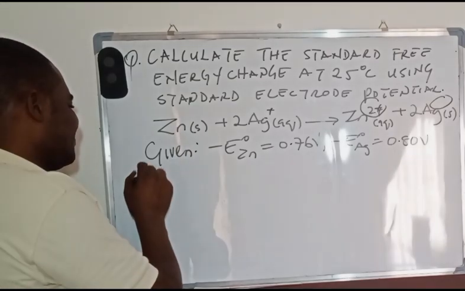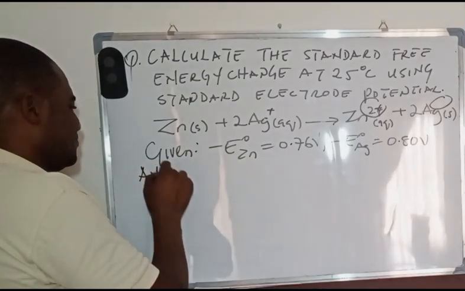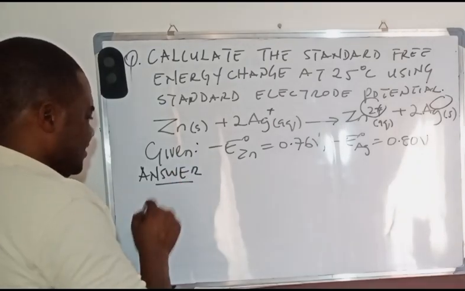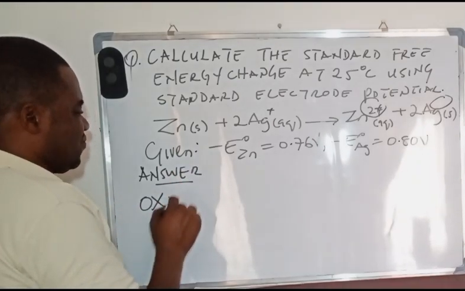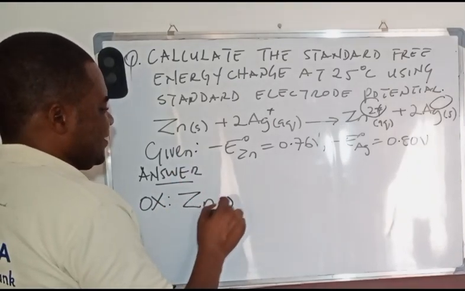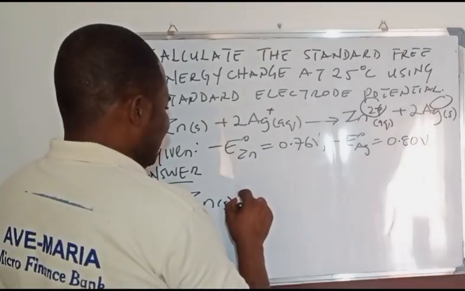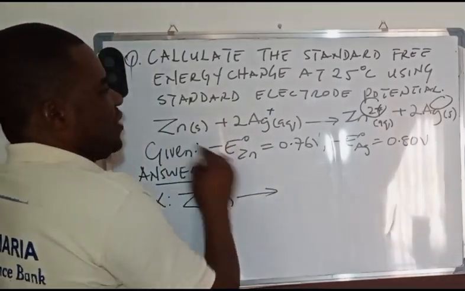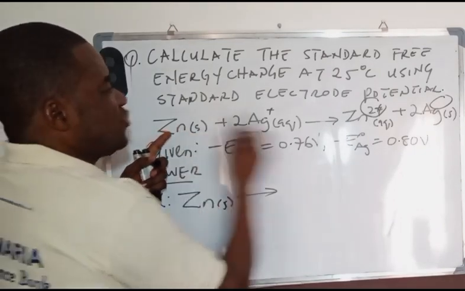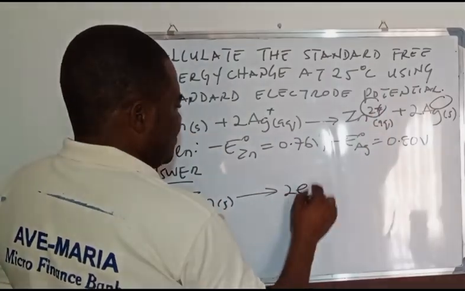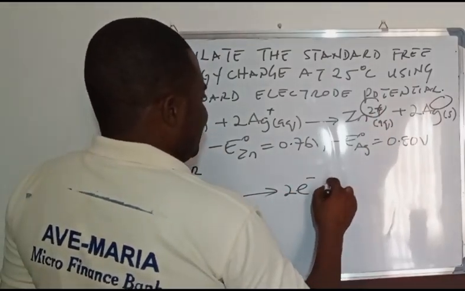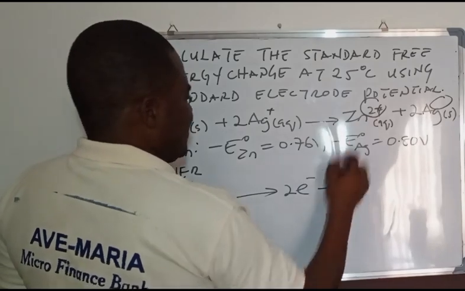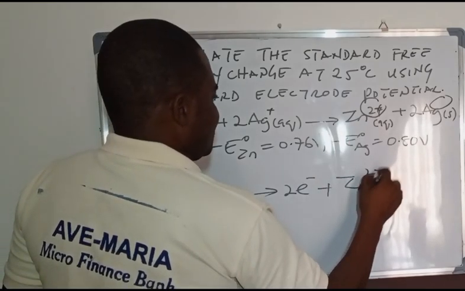So the oxidation equation would be zinc solid oxidizing to lose 2 electrons, plus zinc 2 plus.